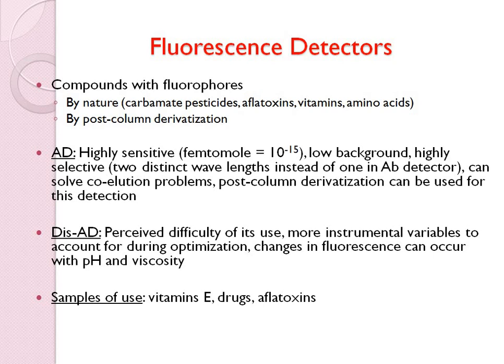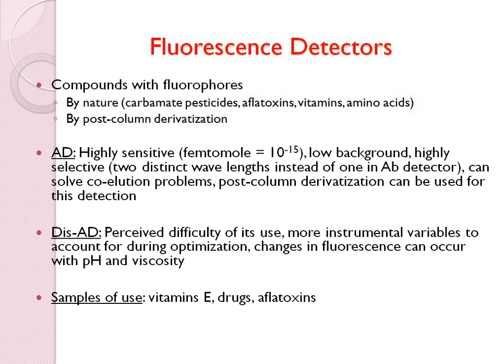Advantages: it is highly sensitive, it has low background noise, it is highly selective also, and it can solve co-elution problems. Post column derivatization is also possible with this detector. Disadvantages: it is difficult to use, more instrumental variables are accounted for during optimization, and changes in fluorescence are possible if pH or viscosity changes.